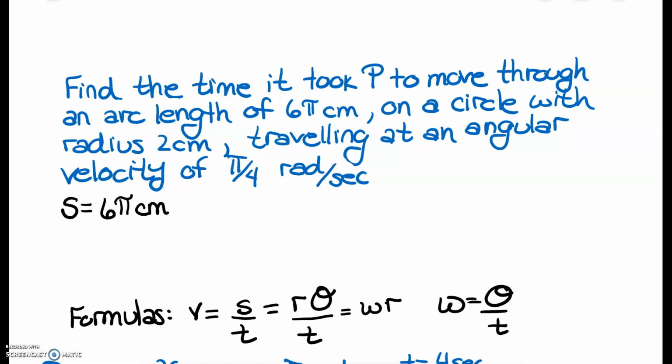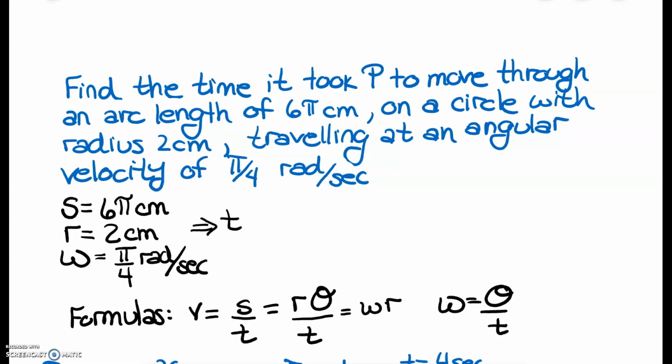We're also given that the radius of the circle that the object is moving around is 2 centimeters, and that it's traveling at an angular speed or velocity of pi over 4 radians per second. And they're asking us to find the time.